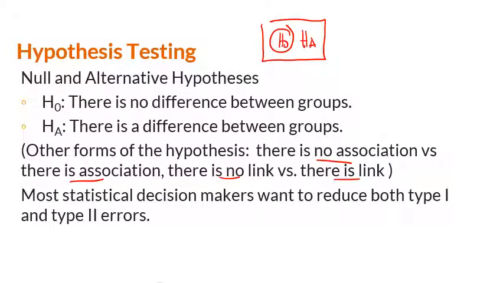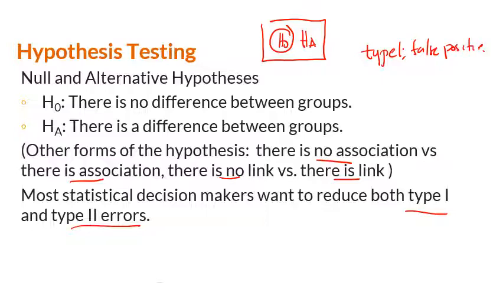So most decision makers who rely on data want to reduce both type 1 and type 2 errors. So anong yung type 1 error? So yung type 1 is yung false positive. Ulitin natin kasi important ito, yung false positive.